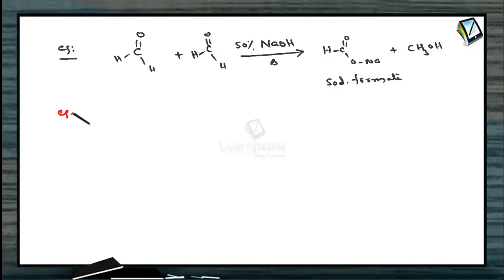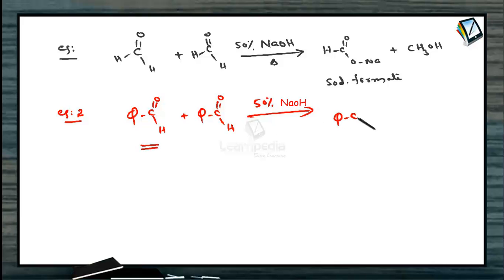Then example 2. We take an example of benzaldehyde, C6H5CHO, and another molecule of benzaldehyde, both of which do not contain alpha hydrogen. So when it is subjected to refluxing with strong solution of 50% NaOH, this molecule of benzaldehyde gets oxidized to give sodium benzoate, C6H5COO minus Na plus.